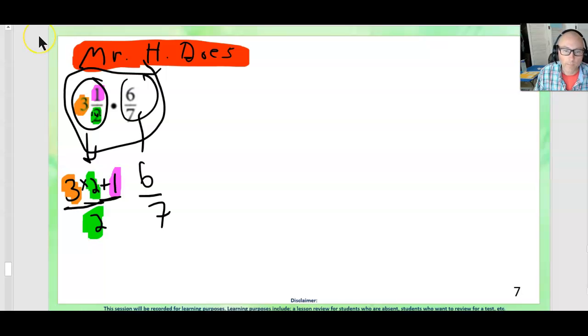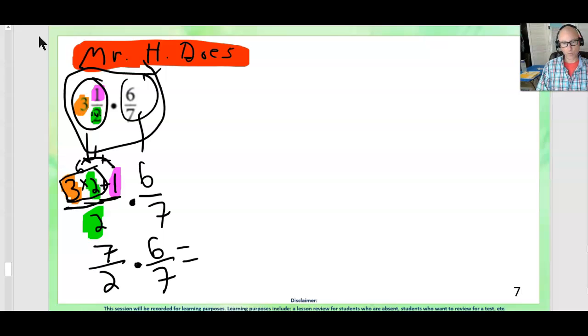What do we get? 3 times 2 is 6, plus 1 is 7. So it's going to be 7 over 2. And we're going to multiply that, and our 6/7 is still the same. Now you can multiply that out, which is 42/14, which could be reduced.